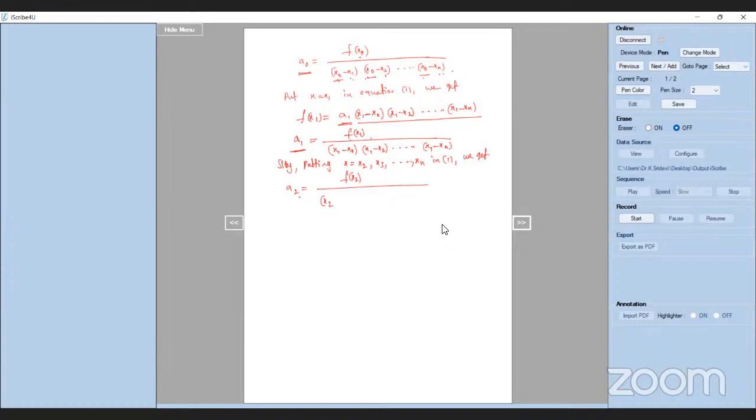And the remaining values x0, x1, x3, and so on, xn will come in the form of factors: x2 minus x0, x2 minus x1, x2 minus x3, and so on, x2 minus xn, like this.